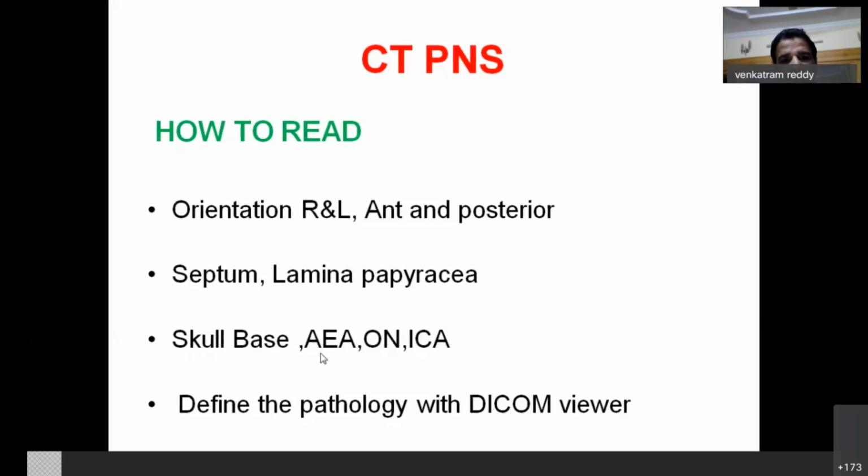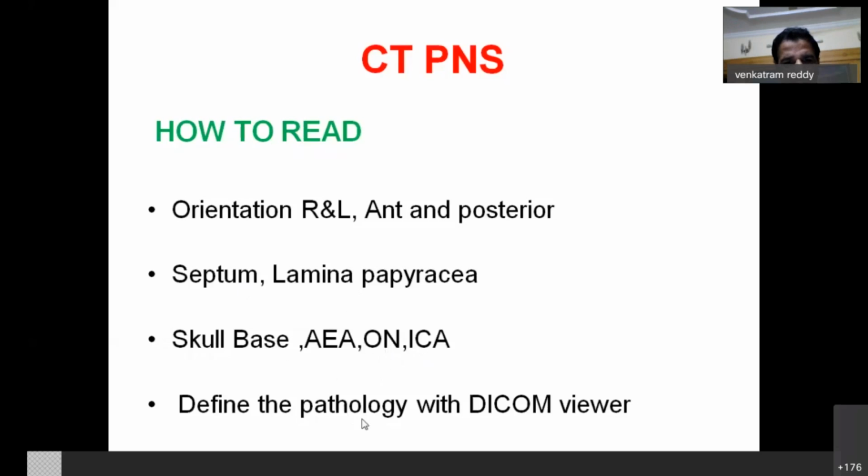And the anterior ethmoidal artery: where is its position, and how does it come in your way during surgery. Then read about the optic nerve and the ICA, the internal carotid artery. These are all the vital structures that we have to read out. After reading the medial and lateral boundaries of the sinus disease, we have to read these important vital structures.